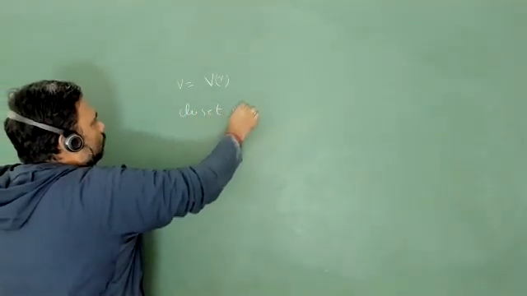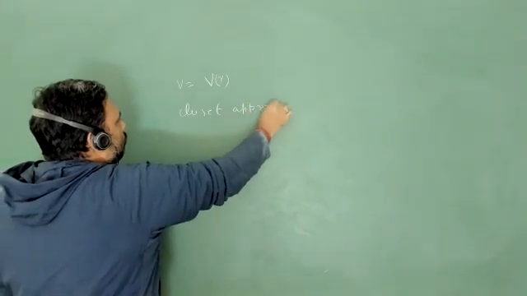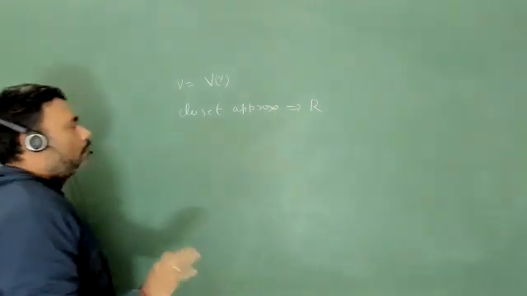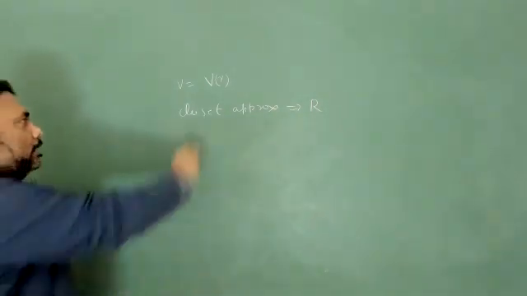Closest approach is given by R. So this is your closest approach of a particle. And V is the potential.